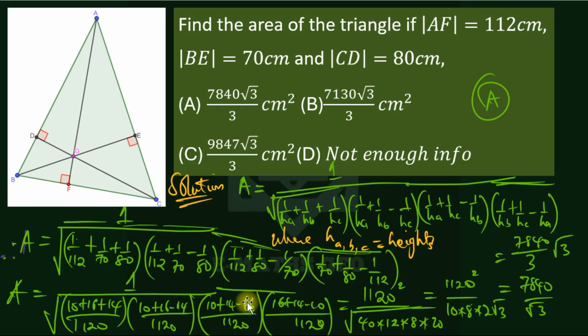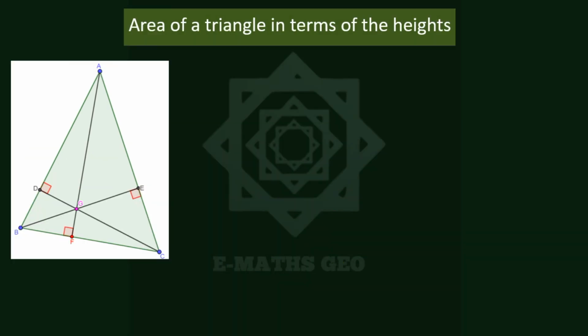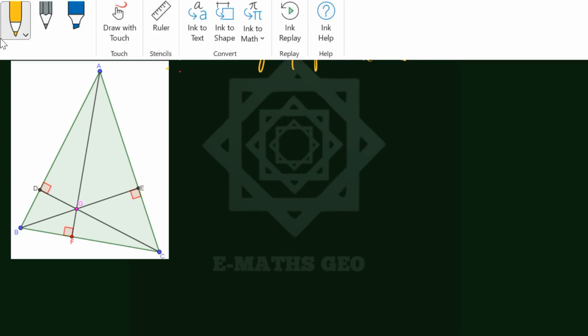Let me now prove this formula I'm using. We are given a triangle. Let the heights be perpendicular to A, B, and C. You know that A, B, C are the sides.